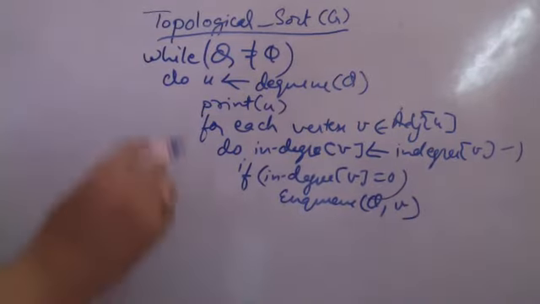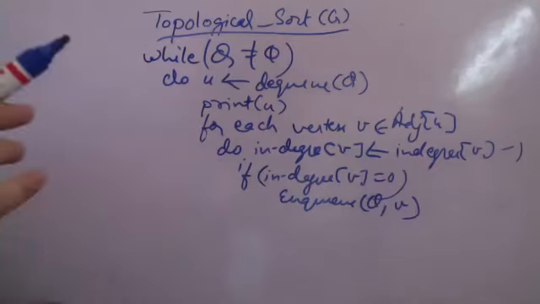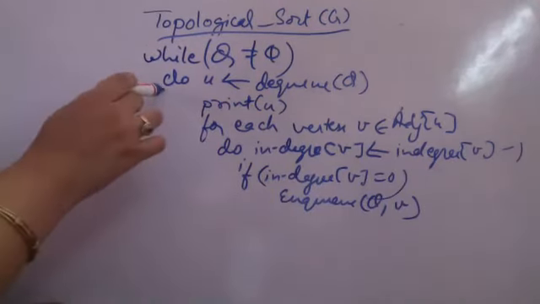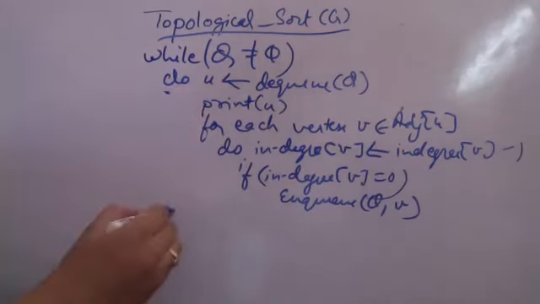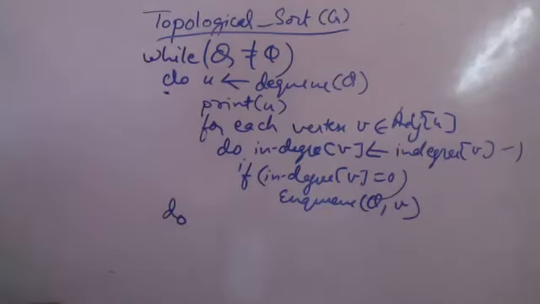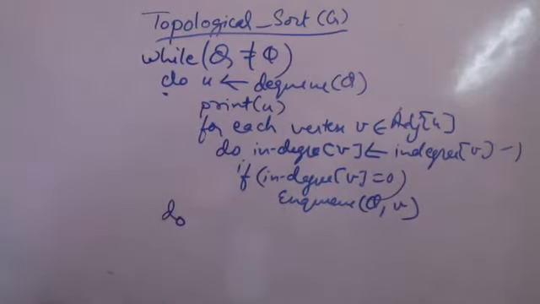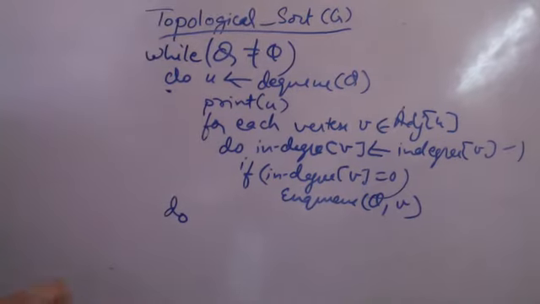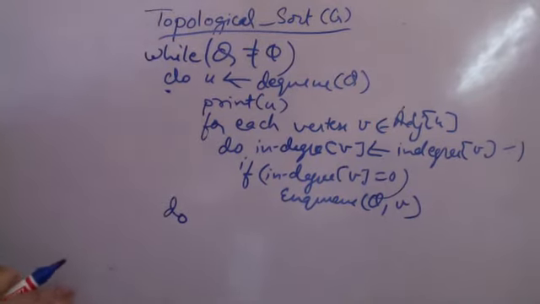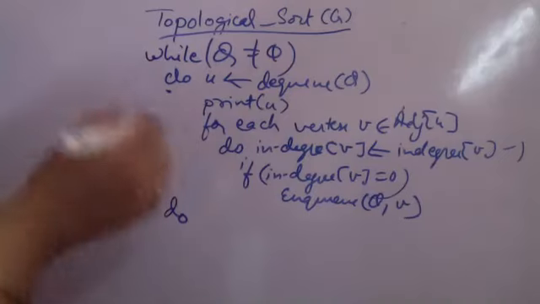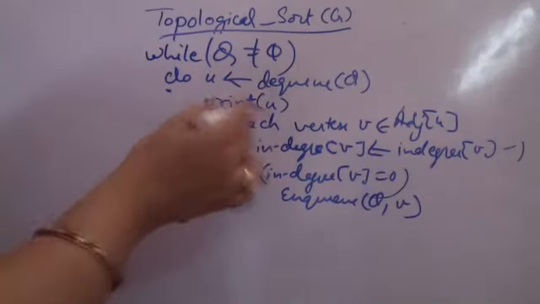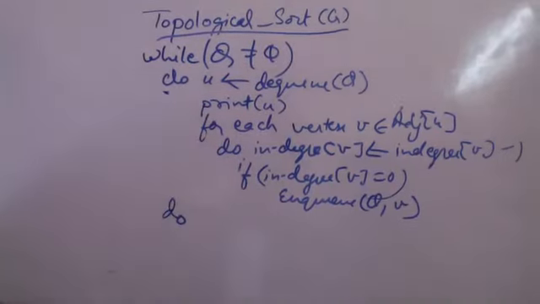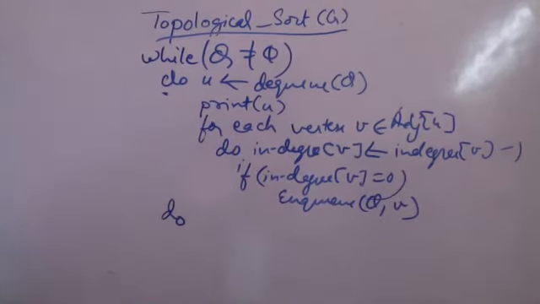And after the loop is over for all the adjacent nodes, what do I need to do? If in degree of U is not 0, then it must be a cycle. We assumed that there is no cycle in the graph. If there is a cycle, then whatever node is left after all the adjacent nodes, its in degree will not be 0. It would be negative or something.